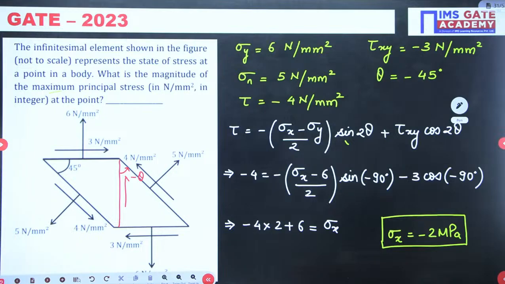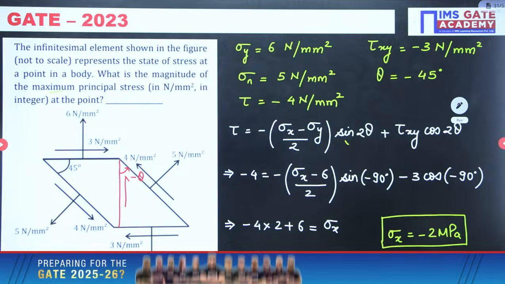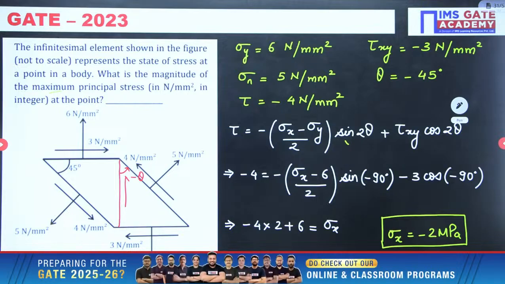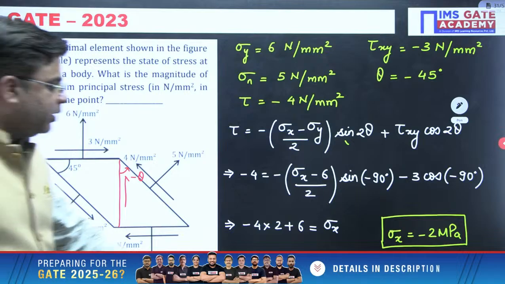So minus 8 plus 6 will be minus 2. Yeah, sigma x is, I think, coming out as minus 2.